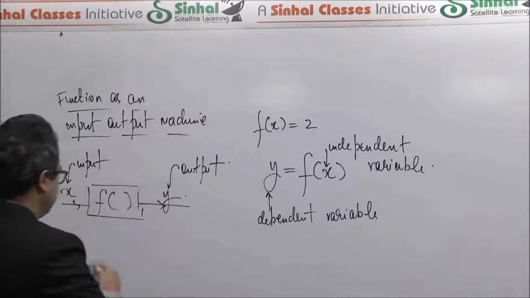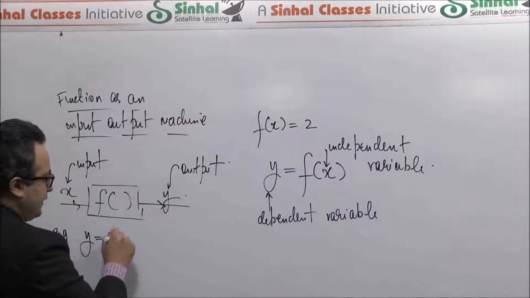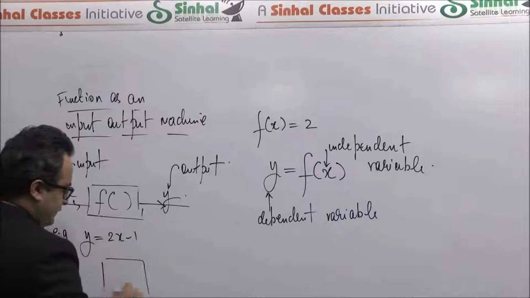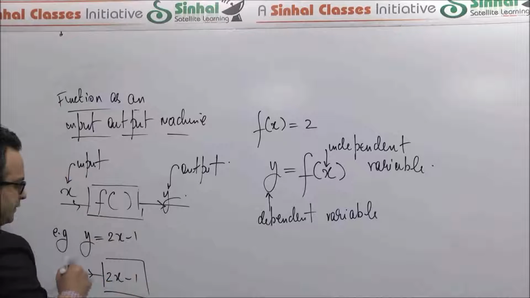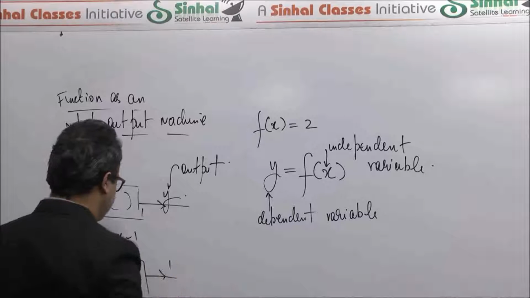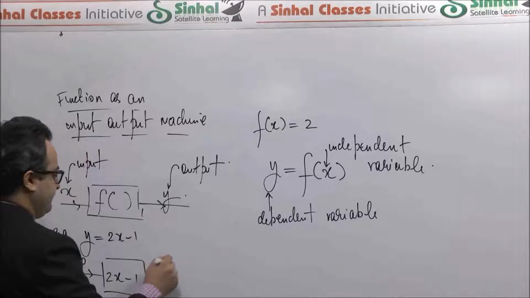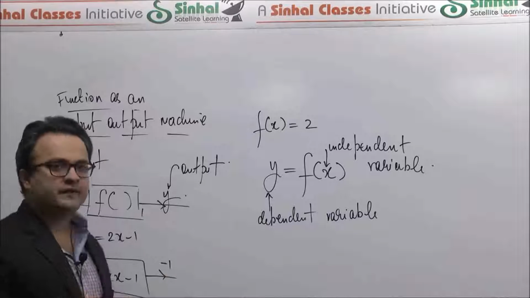As an example, take the function y equal to 2x minus 1. In this case, when the input is 0, the output happens to be minus 1. So again, your independent variable is the input.